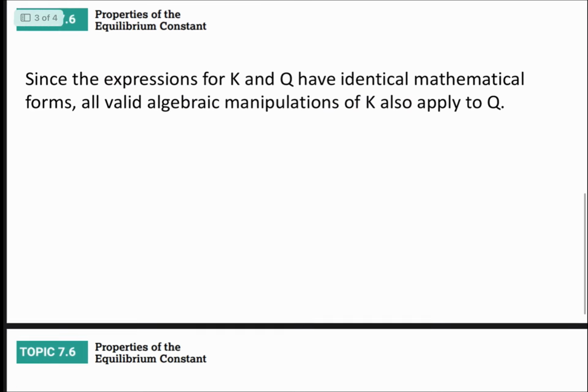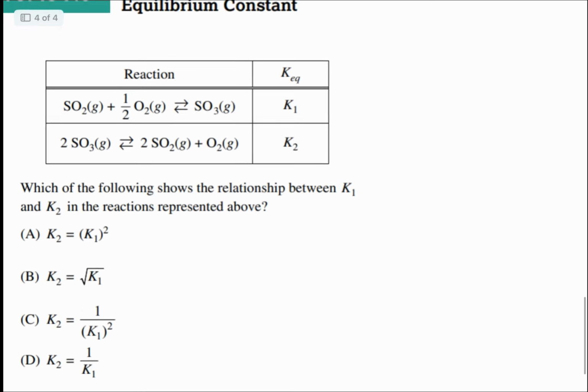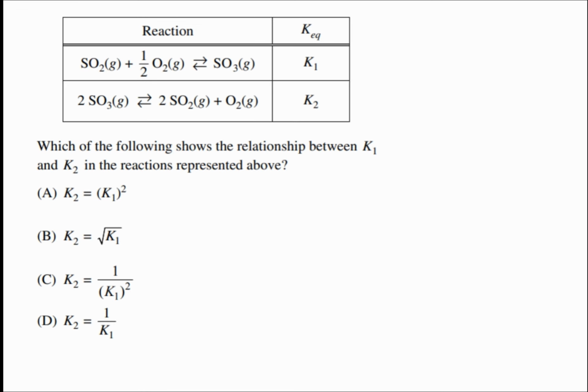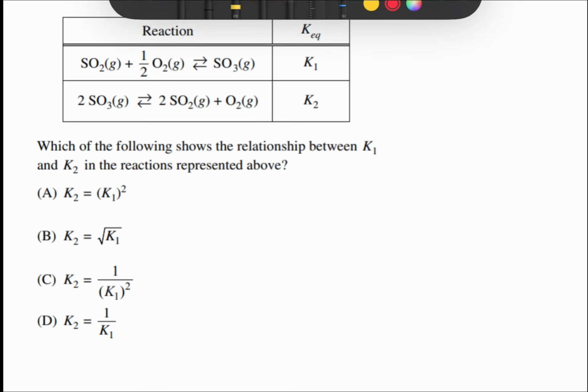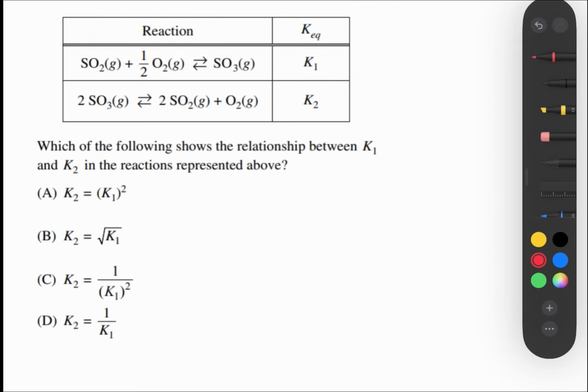Let's take another example. Look at this in here. Pause the video and read the question carefully. As we can see, we are given 2 equations, all right? And the question is asking me, how can I find the relationship between the 2 in here?